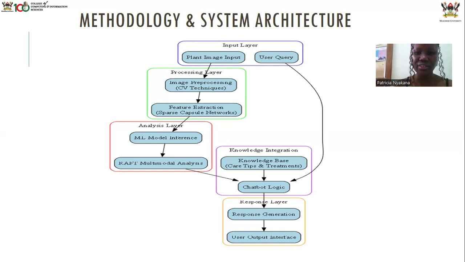And then it's preprocessed. The MobileNet model preprocesses and extracts the features and then makes its prediction. Then after the prediction is made, the API generates the care recommendations for the farmer. That's all I had.